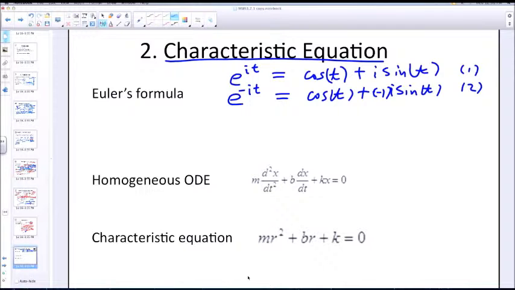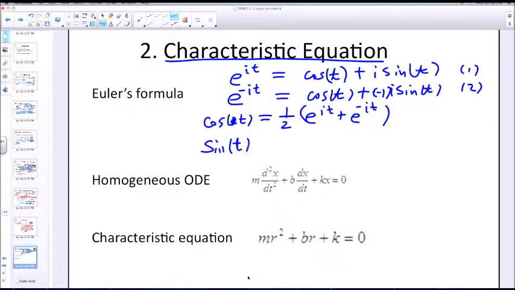If you add the two, what you get is the imaginary part cancels out. You get cosine t, times 2. You can divide the 2 to the other side. You get this trig function as the exponential function. If you subtract the 2, you're going to get this, 2i sine t, and I divide by the 2i.